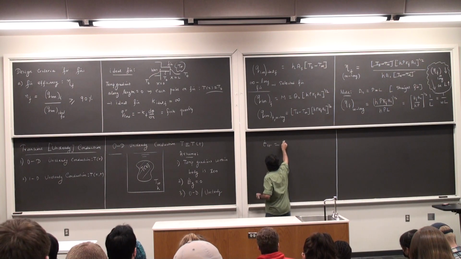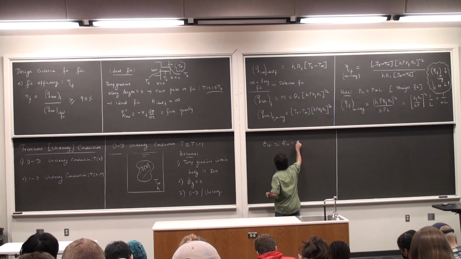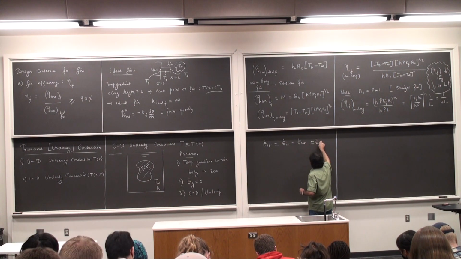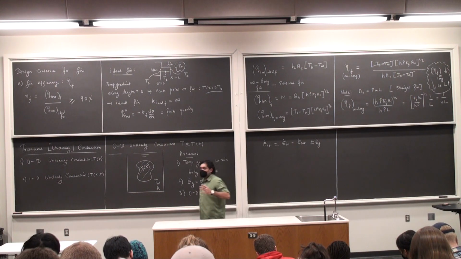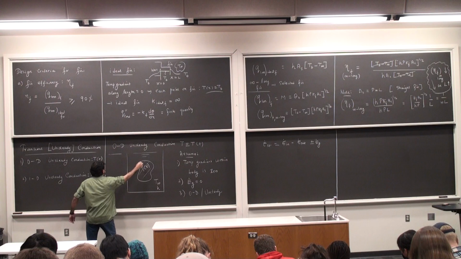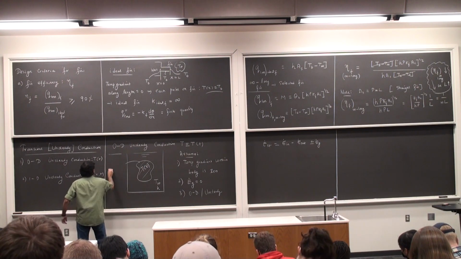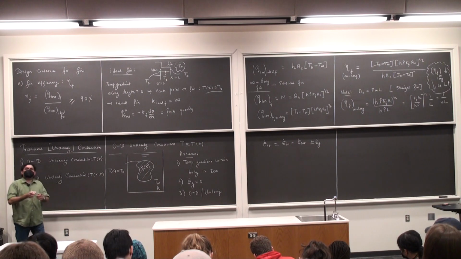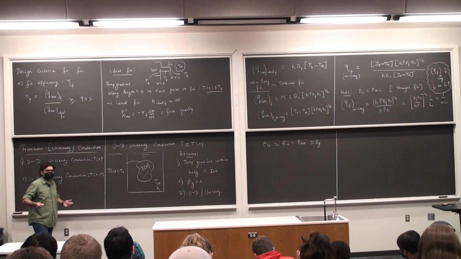E dot stored, E dot in, E dot out, E dot generated. Let me assume that the temperature initially of this body is T naught. Okay, so this temperature T at 0 is some T naught, and let me assume that T naught is less than T infinity, just for fun.